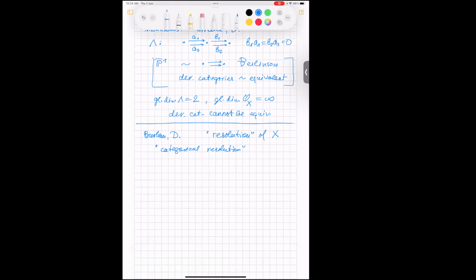They were not derived categories of some curve, or of some algebra, or something like this.